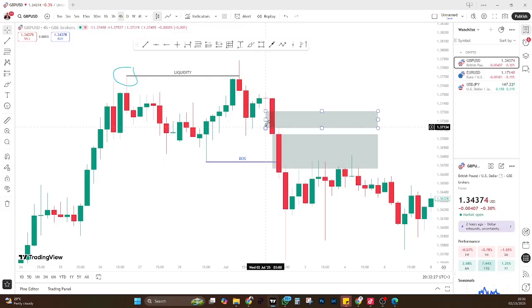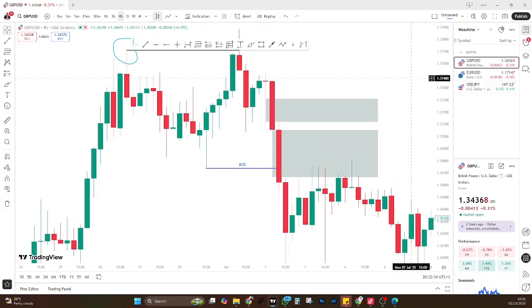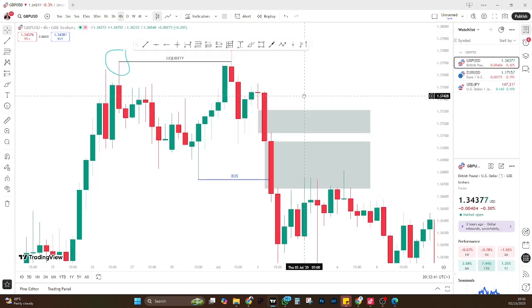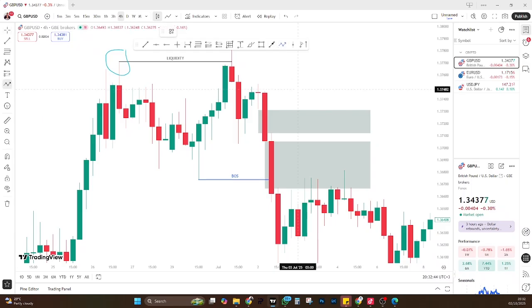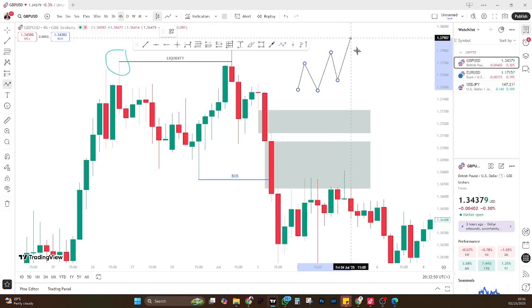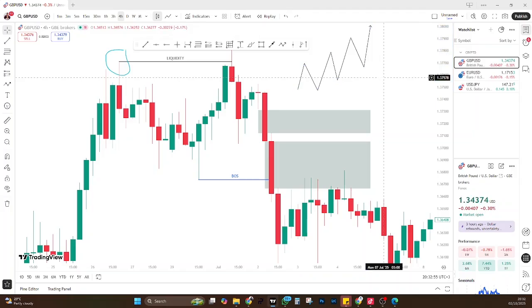Number three, there is a fair value gap, FVG, and fair value gap we are looking at in a few. This is the imbalance, because this is what happens: where the market has sold, it has to buy. You see, something like that. So that's an up trade, or we can have a down trade.